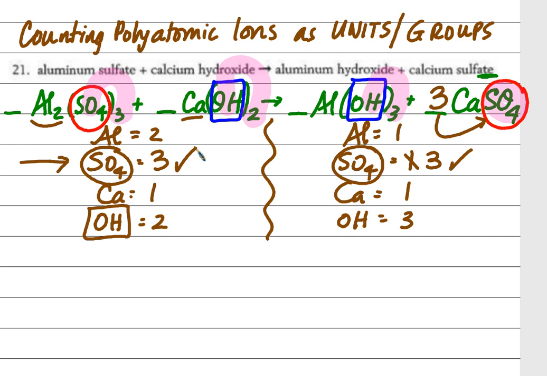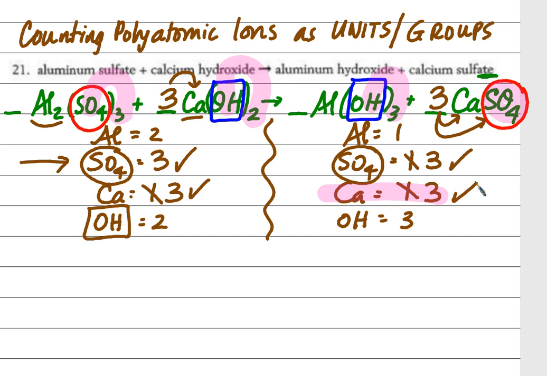But what did that do to the calcium? Now there are 3 calciums. So whenever you cause an imbalance, fix it. Therefore, what needs to go in front of calcium hydroxide? You need to place a 3. By placing a 3 there, the calcium becomes 3 units, and the calcium is balanced.